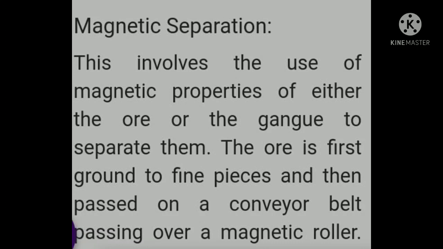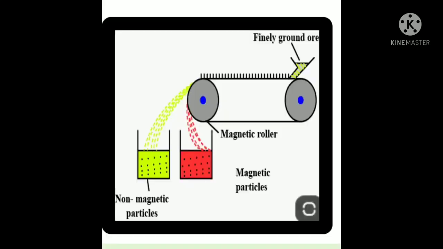So it is used for the separation of tin stone, the ore of tin, and also magnetite, the ore of iron.